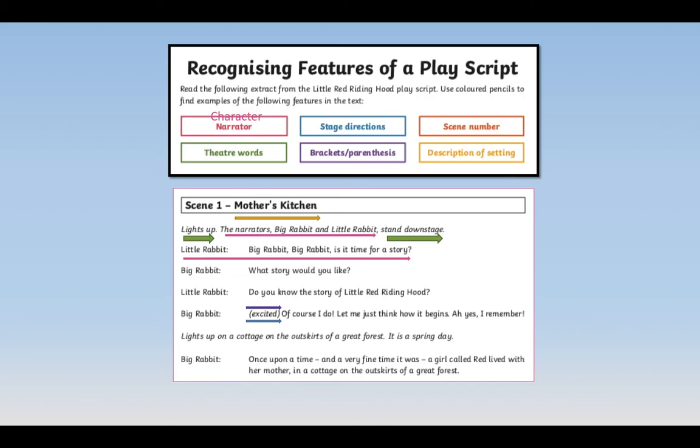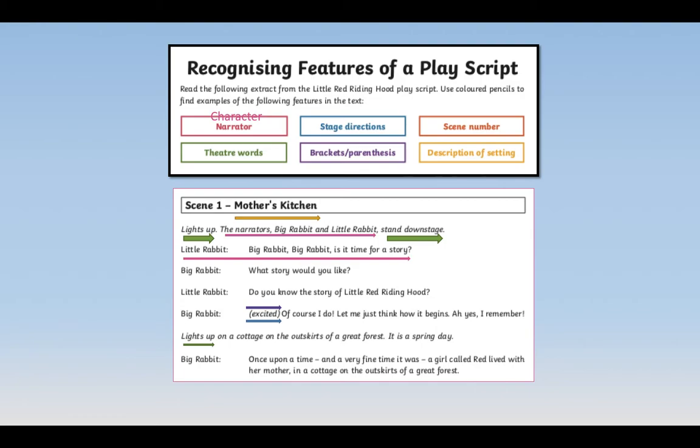Ah, yes, I remember. So Big Rabbit needs those stage directions to give him a clue about the emotion of the character, and therefore they can prepare to behave like someone who's very excited. So they perform like they're excited and they speak in an excited way.